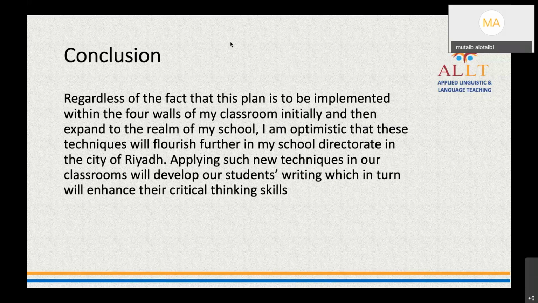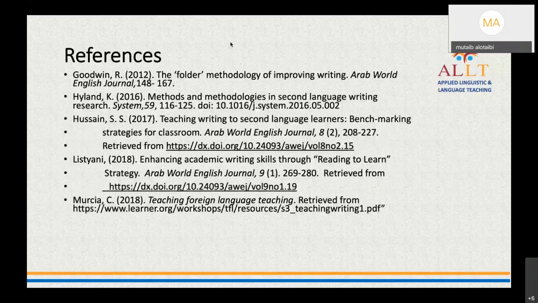I'm really optimistic that these techniques will flourish further in my school in the city of Riyadh. Applying such new techniques in our classroom will develop our students' writing, which in turn will enhance their critical thinking skills. And these are my references, and thank you so much.